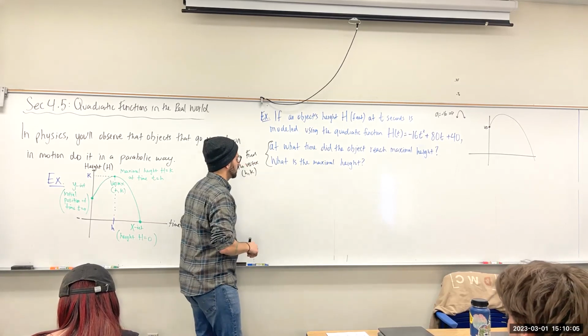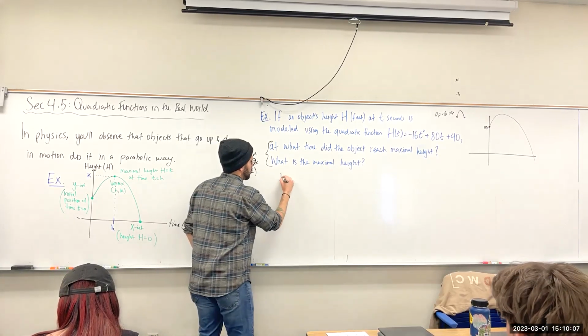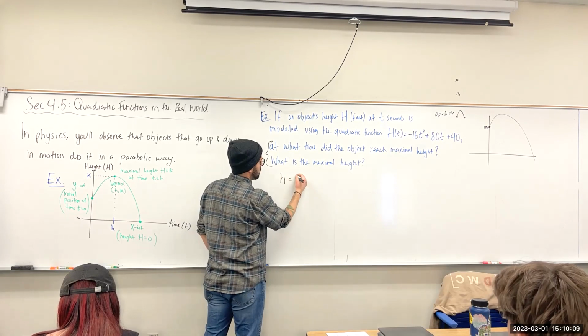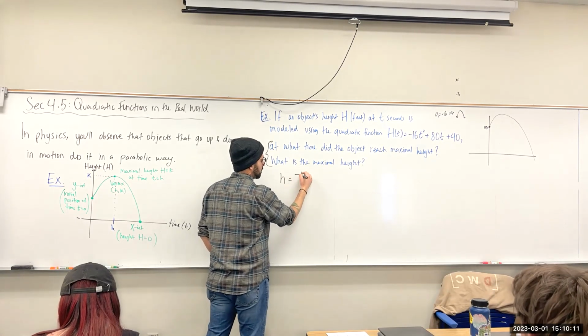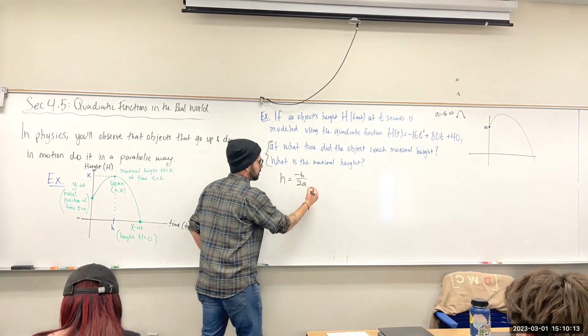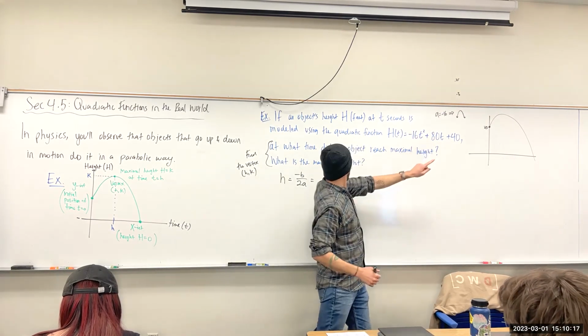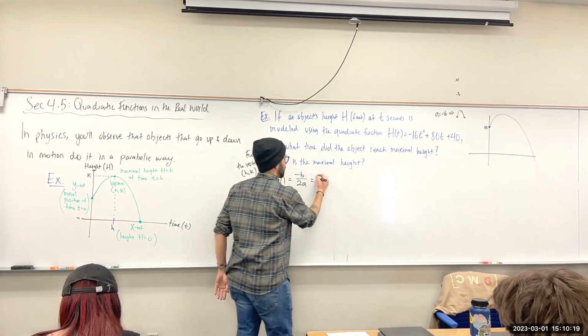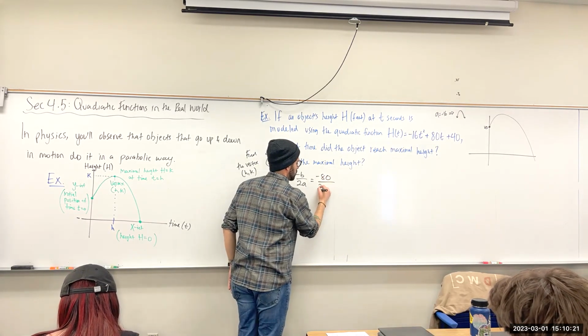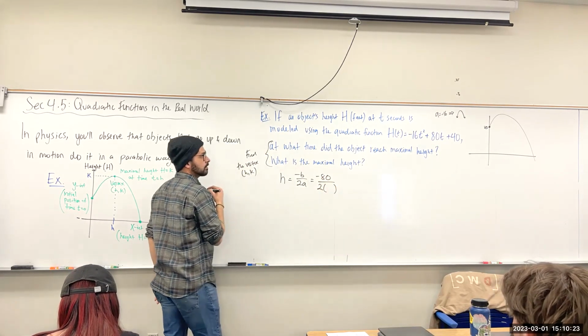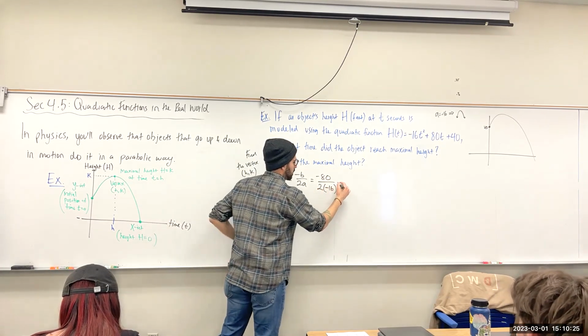So h is going to be, what's the formula we're using? Negative b over 2a. So what's b here? It's going to be negative 80. So negative 80 over 2 times, what's the a? Negative 16. Help me out here.